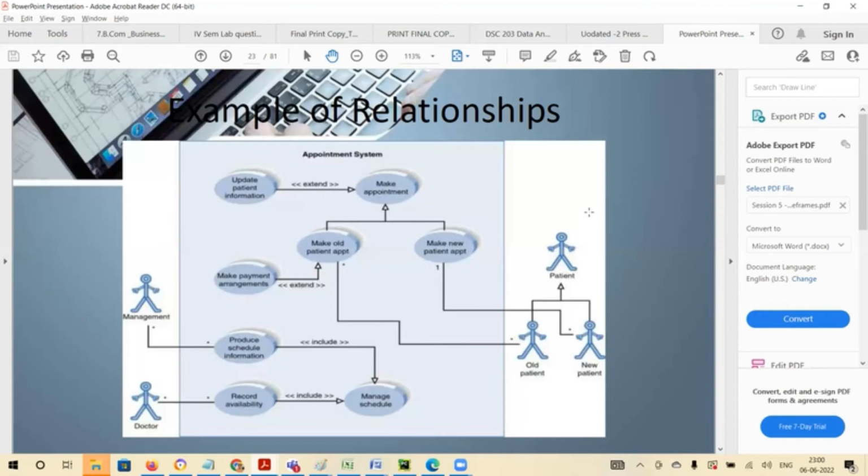And when it is the same thing, it is extend, the whole is the same information.